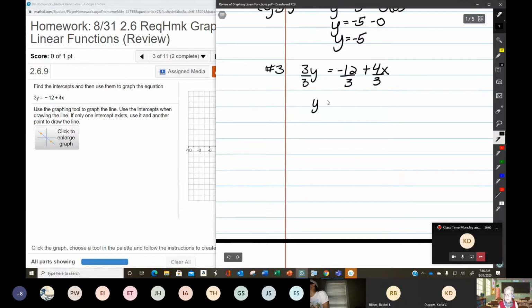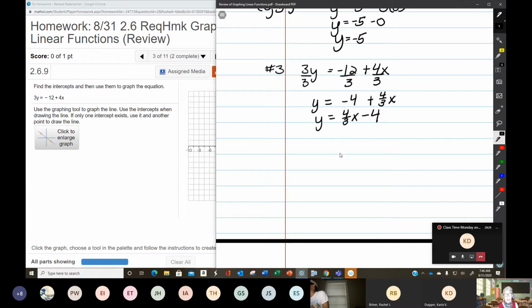So this is going to be y equals -4 plus 4/3 x. And then if I really want it in slope-intercept form, I would turn it around like this. Probably would have been easier just to leave it the other way.